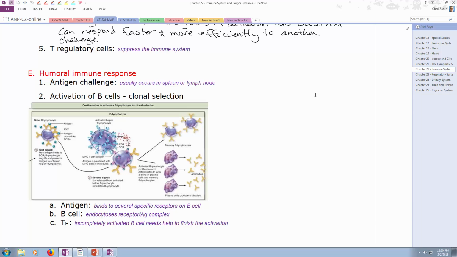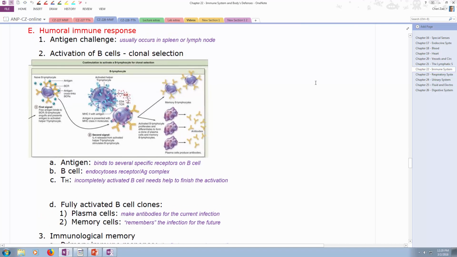But once you've had the encounter, once you have been activated, whether you're a memory cell or active fighting cell, you are fast. And so that's why we want to have memory cells. Memory cells make us a really rapid response system. When you are naive and never had the encounter, it's not a rapid response system. It's like, well, I think I should do it this way, or I can't remember exactly if I'm supposed to do this first or this first, and you have to consult with your friends. And so the naive cell really is good, but that is why you end up having memory cells, because naive cells aren't fast.